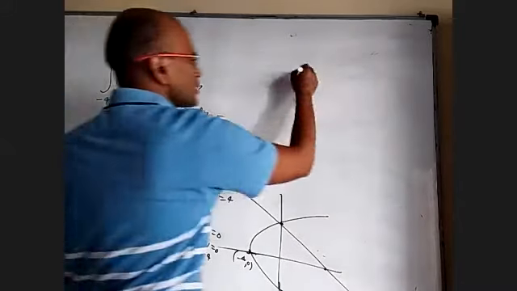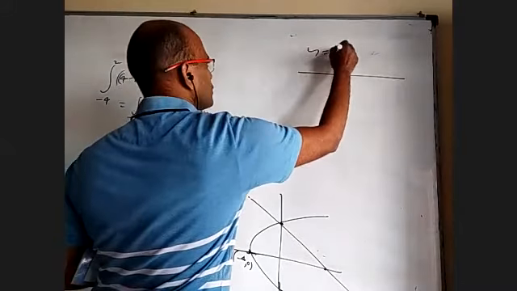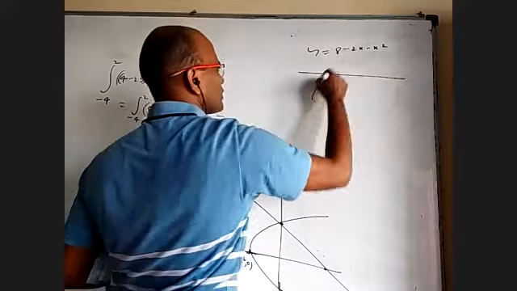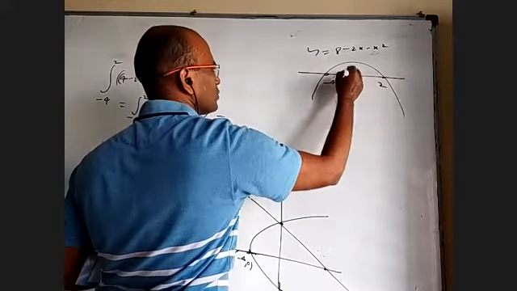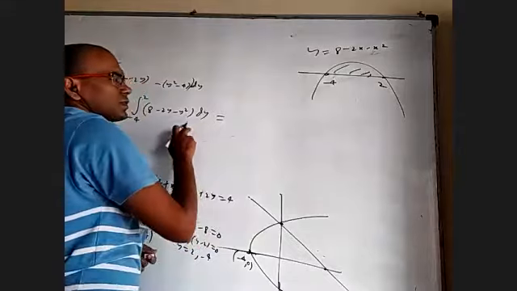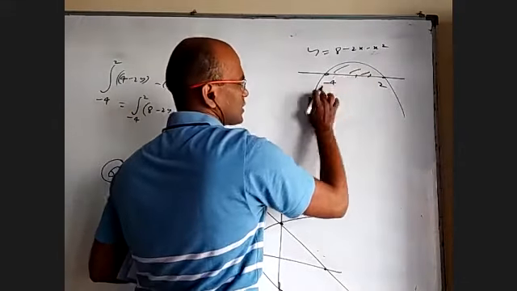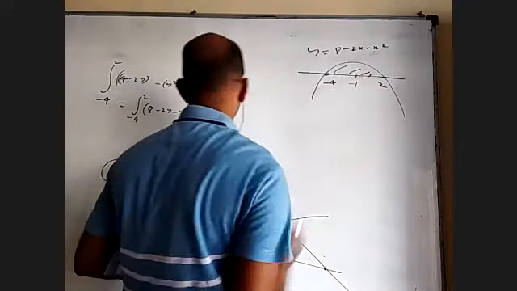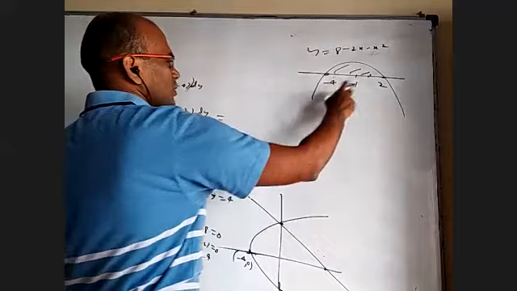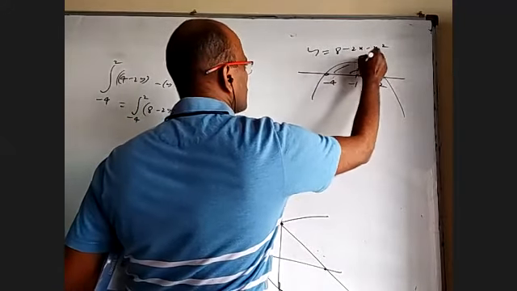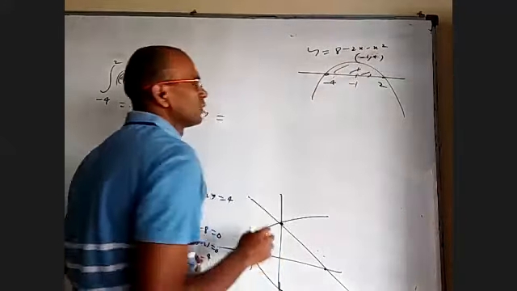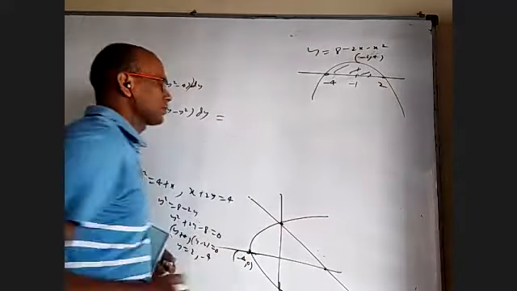I just want to do one thing. If I take y equal to 8 minus 2x minus x square, it's like this, where these numbers are minus 4 and 2. Basically, I want this area, where this is the average of these two, which is minus 1. And when I put minus 1, this is 3, this is 3, so it will be 9. So it will be minus 1, 9. So this is 6 and this is 9.